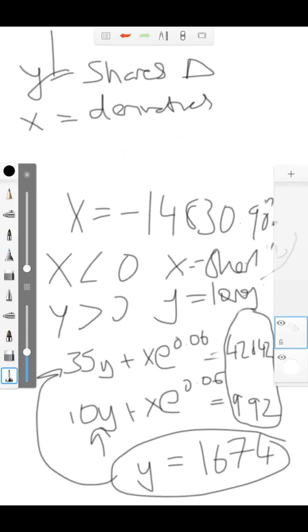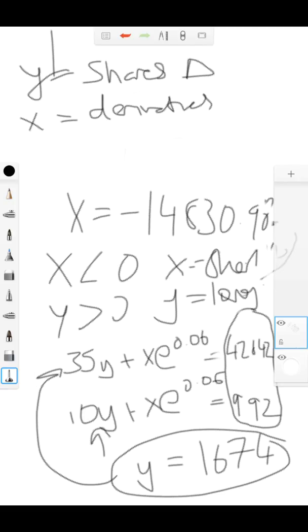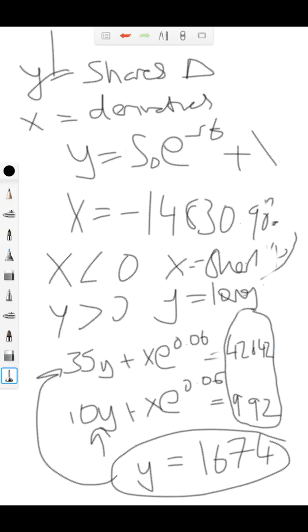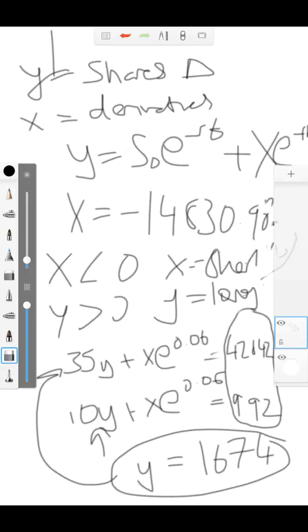I can't really remember, but it should be y equals S_0 times eta minus rt plus x, I think it is eta minus rt. So S_0 times y, I think it is.